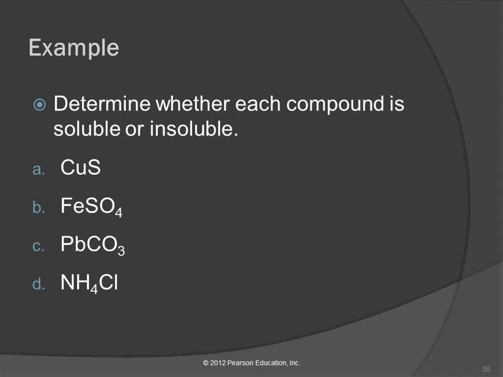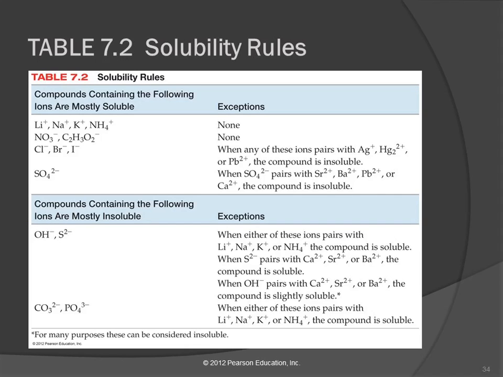So using those rules, we need to determine which of these compounds is soluble and which is insoluble. So CuS, I'm going to go back so we can look at the table. We've got CuS. So we're going to look up here, and do we see copper 1 or sulfide in any of those? No. So let's go down here. Oh, there's sulfide.